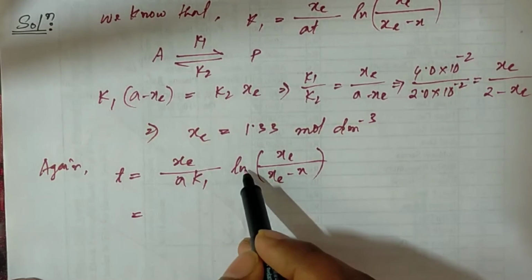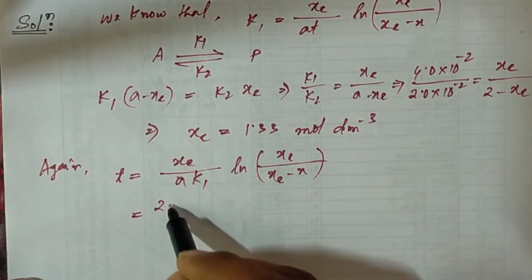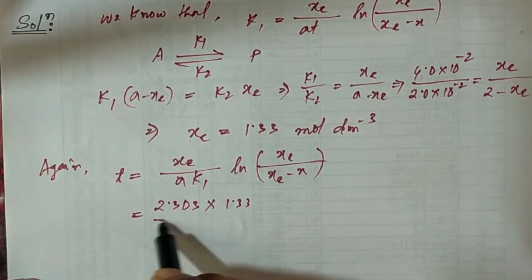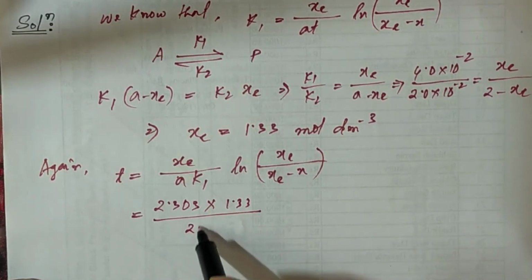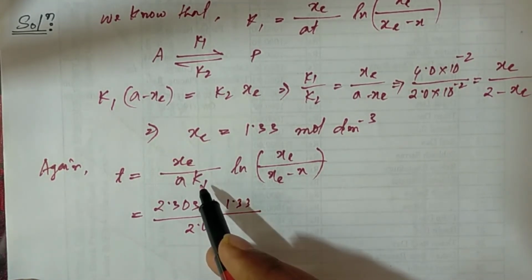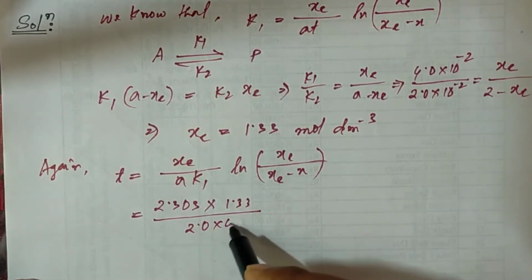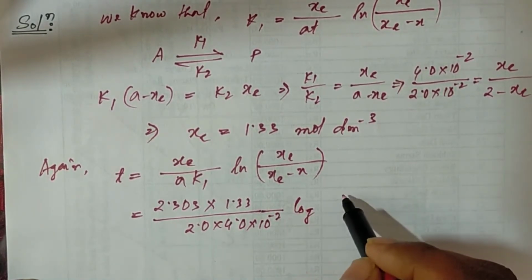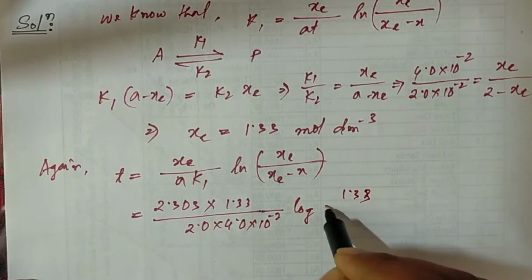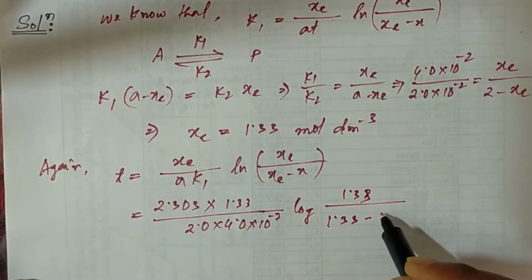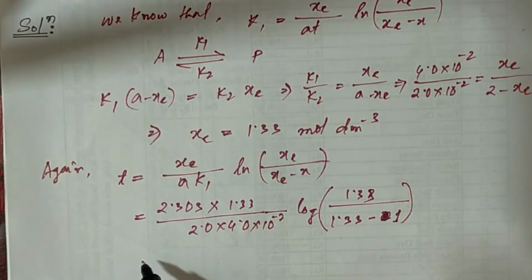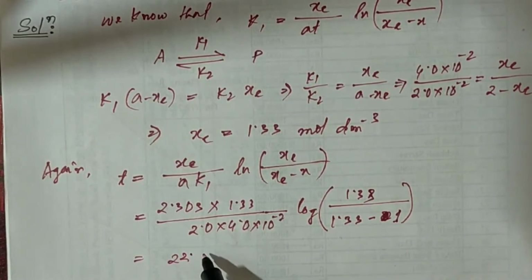Okay, as it is ln, I will write in log, so it will be 2.303 into xe means 1.33, and a is 2.0 and k1 is 4.0 into 10 to the power minus 2, log of 1.33 by (1.33 minus 2). Okay, so the answer will be 22.96.